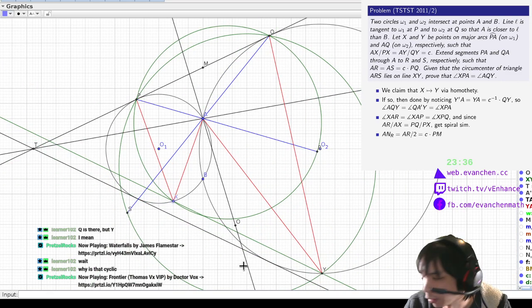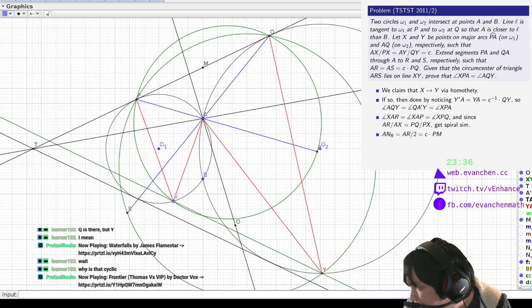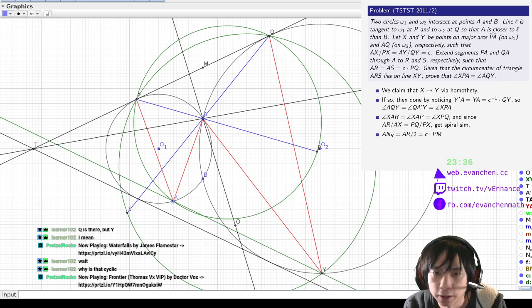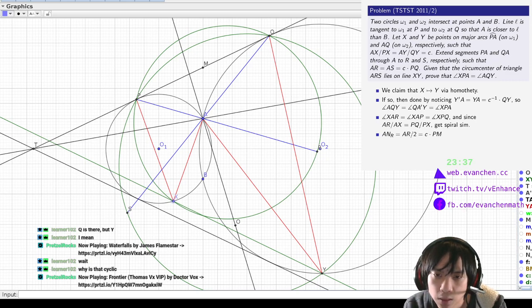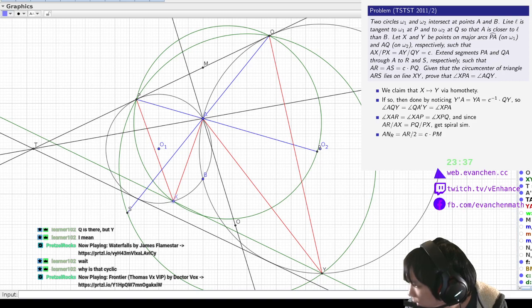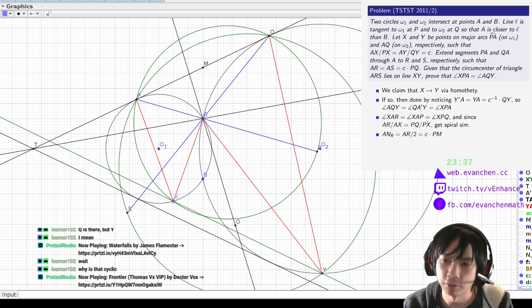Oh, it's because P, A are collinear, right? Okay. So XRA equals XRP equals XQP.